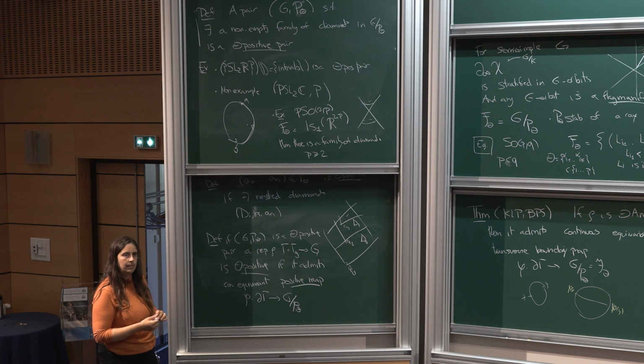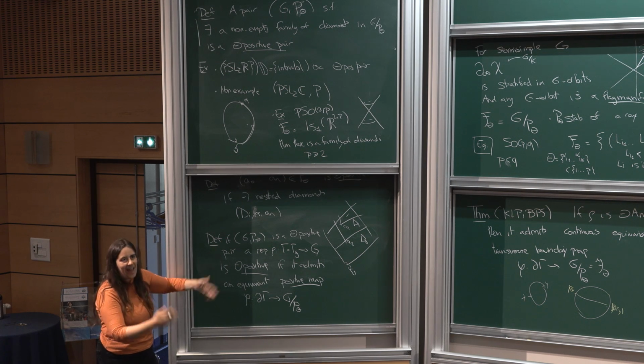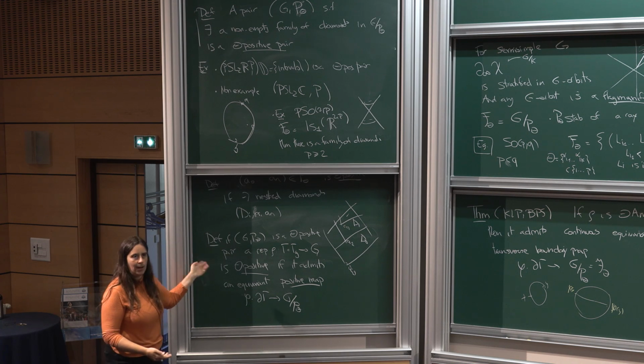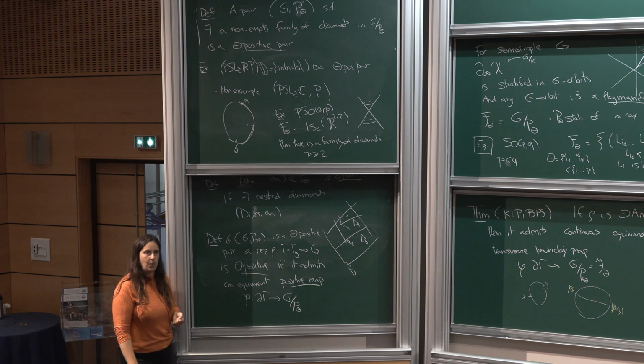Do any complex groups admit positive pairs? No, also because if you look at the adjoint form, the character variety would be connected, and you would always have the trivial representation. So as a result of our theorem, this is never the case. There is also the classification of the groups admitting a positive pair that I could write on the board. Will you give the classification of all the theta positive pairs?